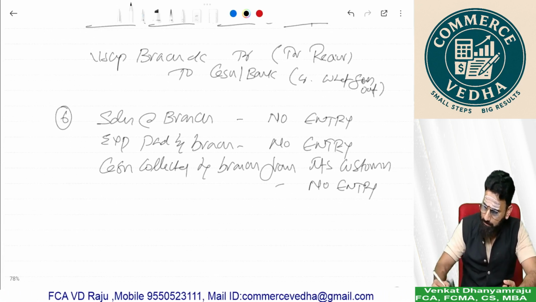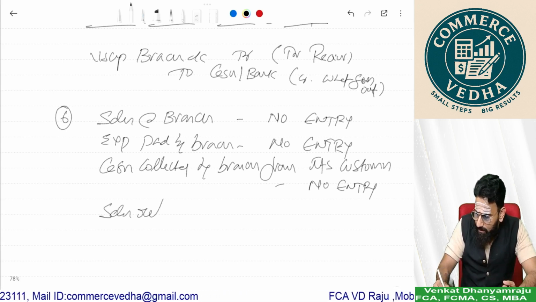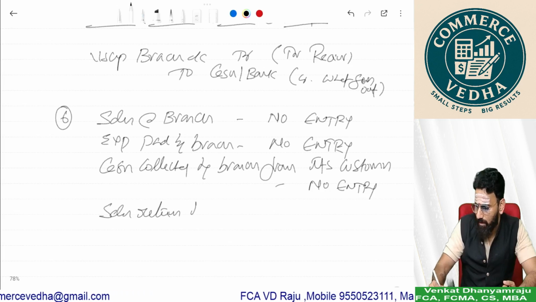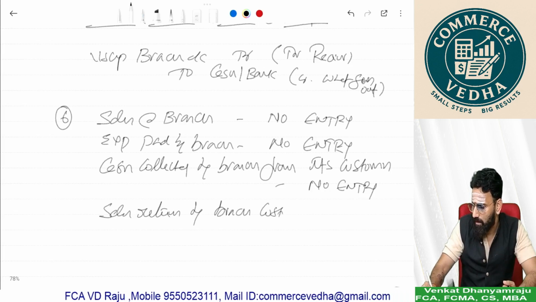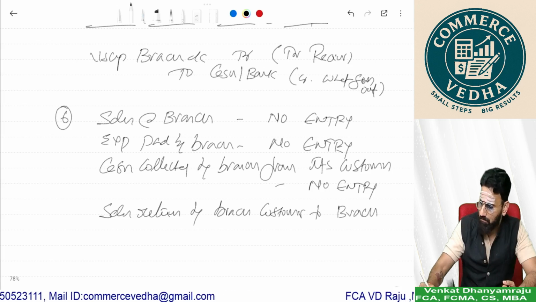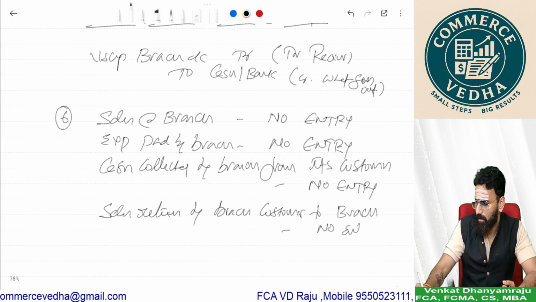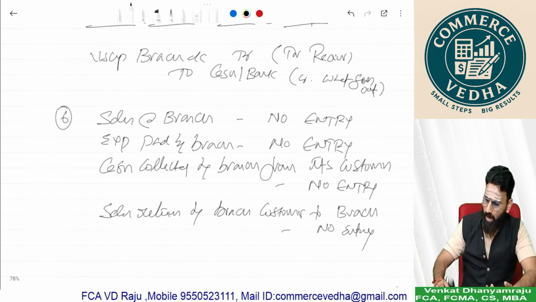Then sales returns by branch customer to branch, no entry. Why? Because it is internal, right?